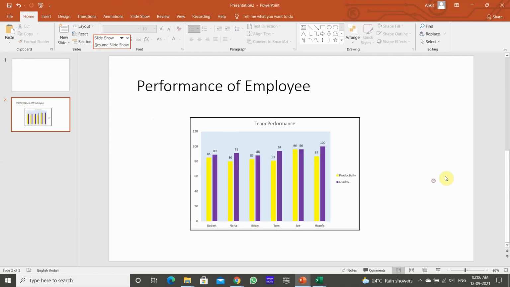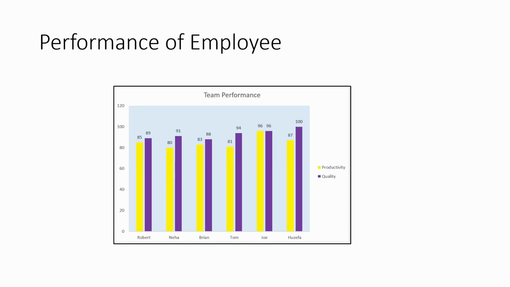Okay, this looks nice. In this form you can present this to your top management and have very good impact, and the top management will be able to make decisions much faster.